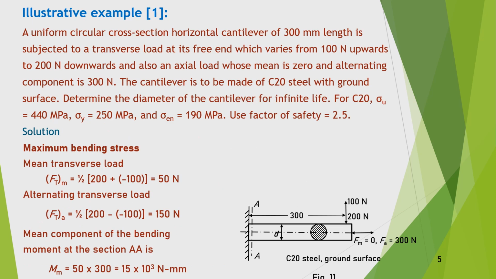After developing the design equation, now we can consider an illustrative example. A uniform circular cross-section horizontal cantilever of 300 mm length is subjected to a transverse load at its free end, which varies from 100 Newton upwards to 200 Newton downwards, and also an axial load whose mean is 0 and alternating component is 300 Newton.